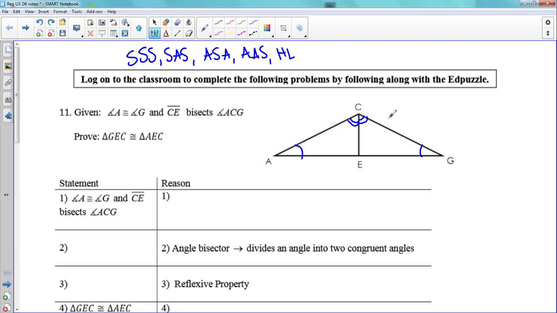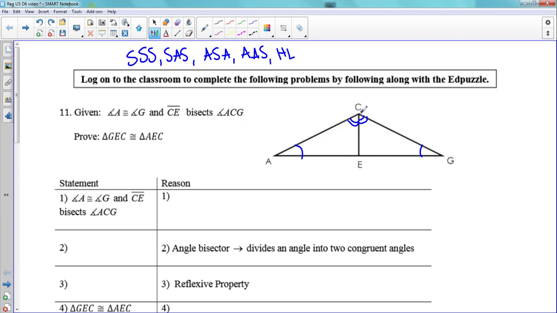Now I want to try to come up with the method of congruence that's going to make triangle GEC congruent to triangle AEC. Remember, there's no looks like method, there's no looks like theorem. So even though CE appears to look like it might be perpendicular or bisecting AG, that information is not given to me, so I cannot mark that as congruent.